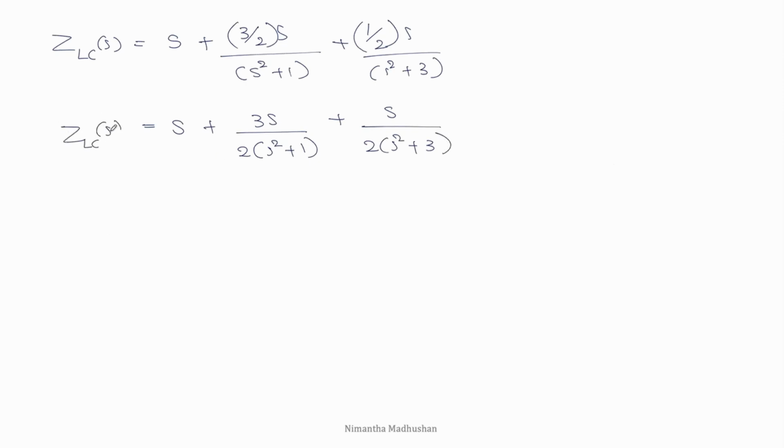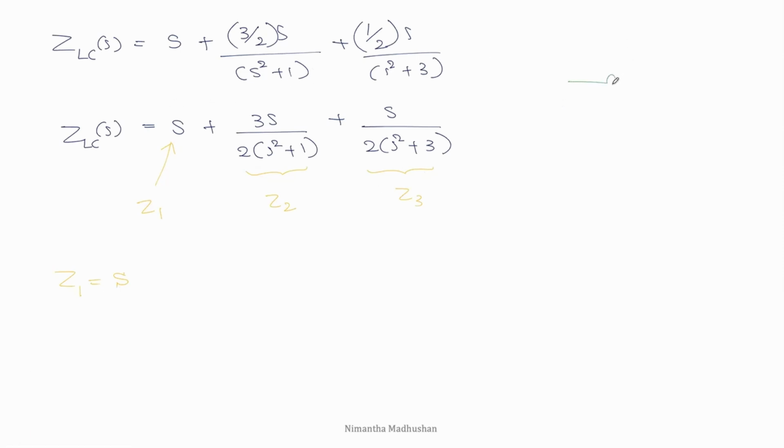ZLC. Now we have to decide what are the elements represented by each and every small impedance term. For this one we can write Z1, this one is Z2, and this one is Z3. ZLC is the total impedance, and these are the small impedance parts. If I consider Z1, it is equal to S. This is an LC network.